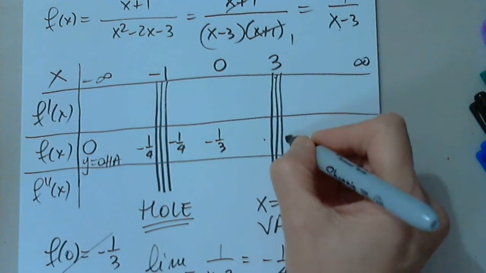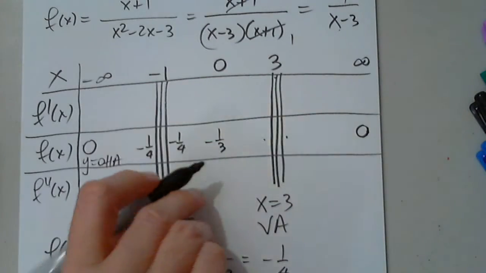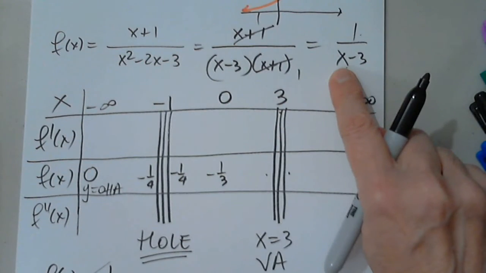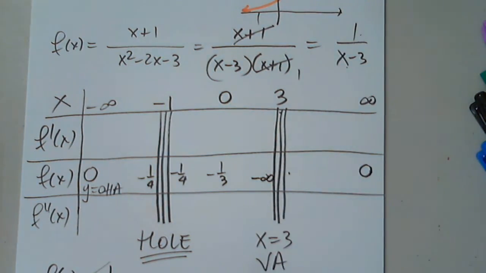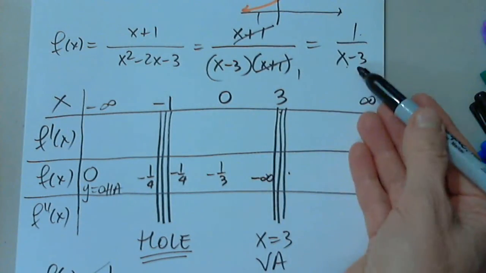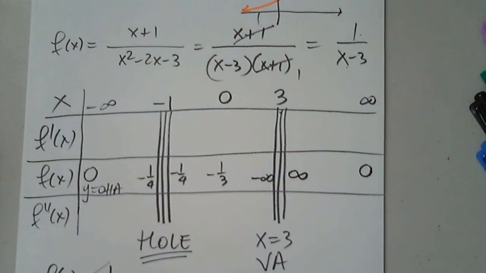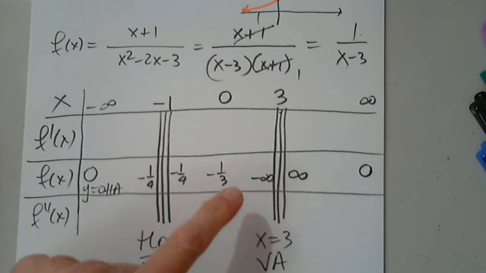Finally, I have to determine these limits. The limit from the left of 3 with 2.9: 2.9 minus 3, I know it has to be -infinity. On the right with 3.1, I know it has to be infinity. You can say, no, I want to see it. Fine.